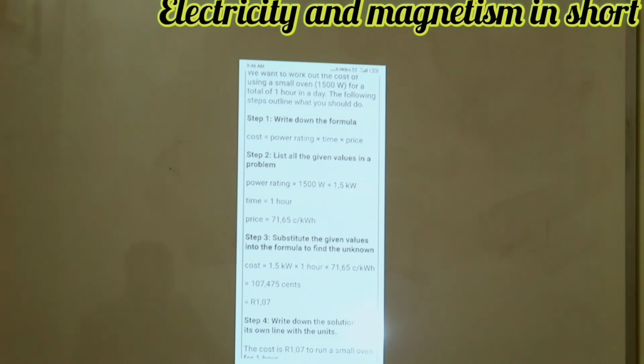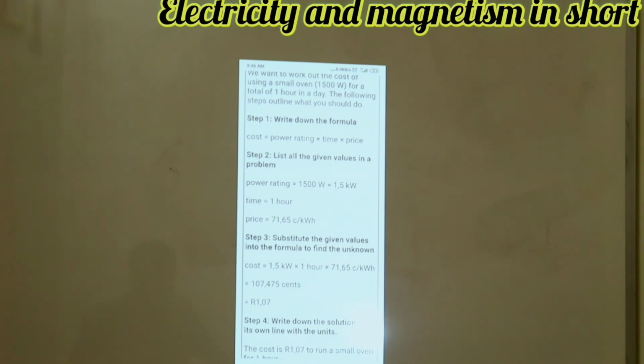If it is given in minute, you must convert into hour. Then price is 71.65, that is the price of 1 kilowatt hour. So that price you have to multiply there. Then you are getting 107.475 cent. That is equivalent to 1 rand 0.7 cent. So this is a problem.